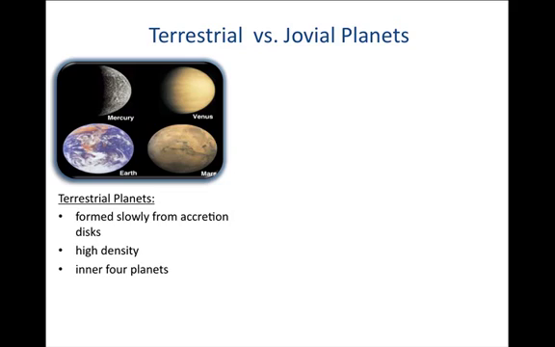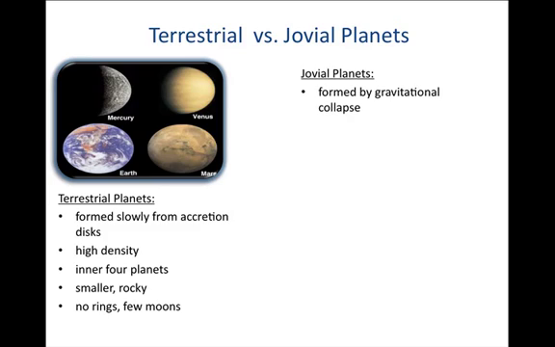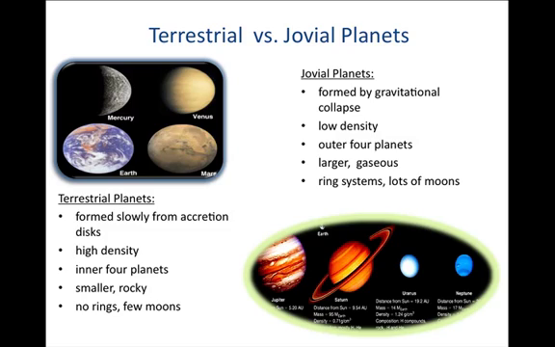The inner four planets are smaller, rocky, and have no rings and few moons. On the other hand, jovian planets are formed by gravitational collapse. They're low density. They're the outer four planets, larger, gaseous. They have ring systems and lots of moons.